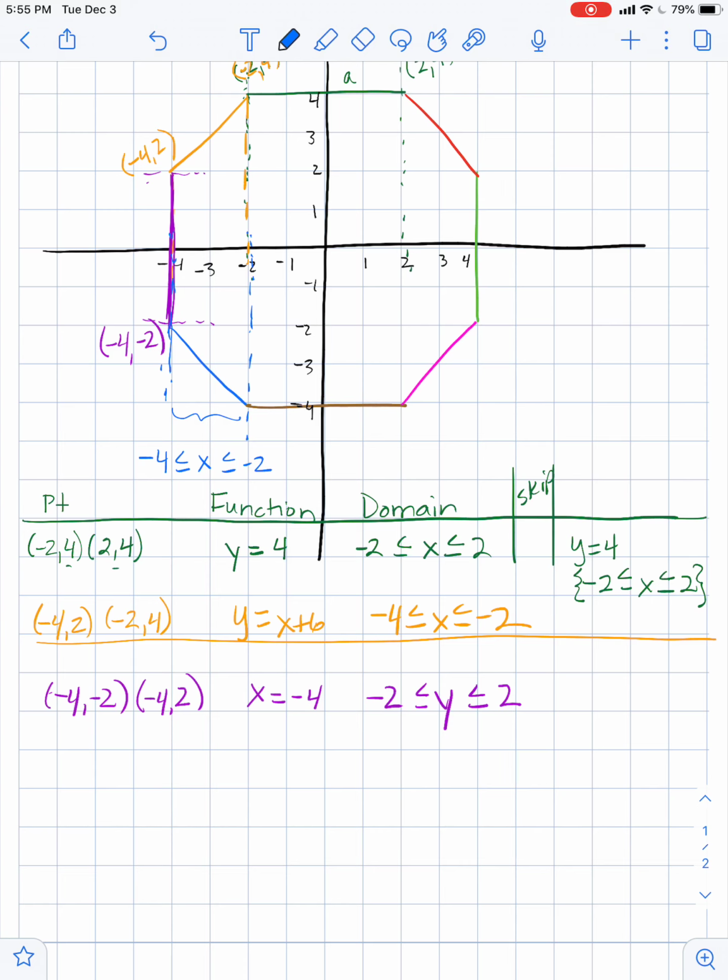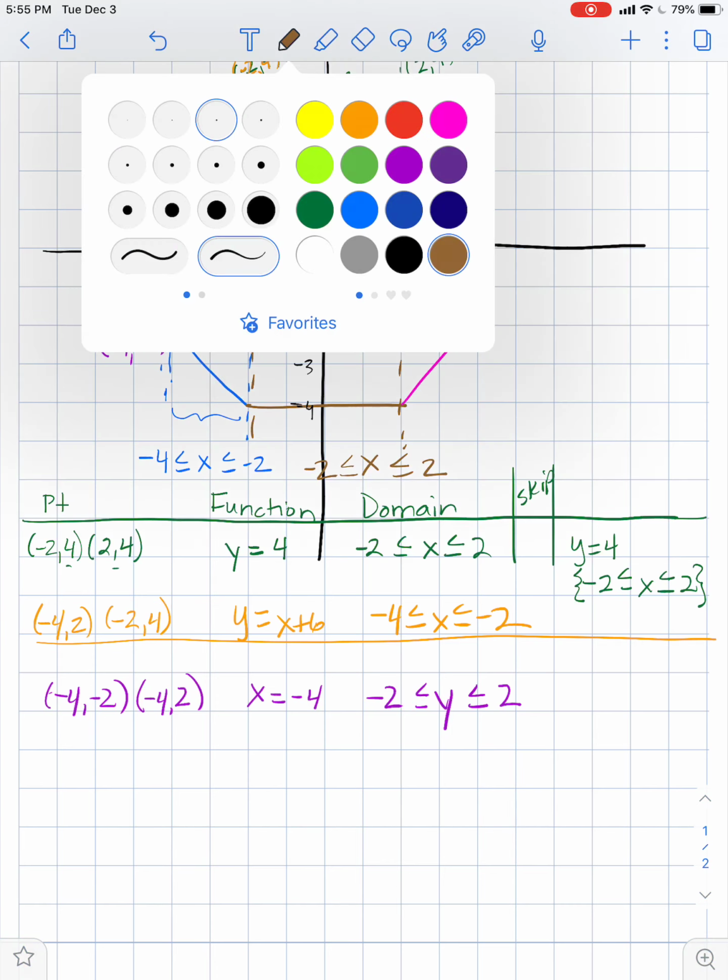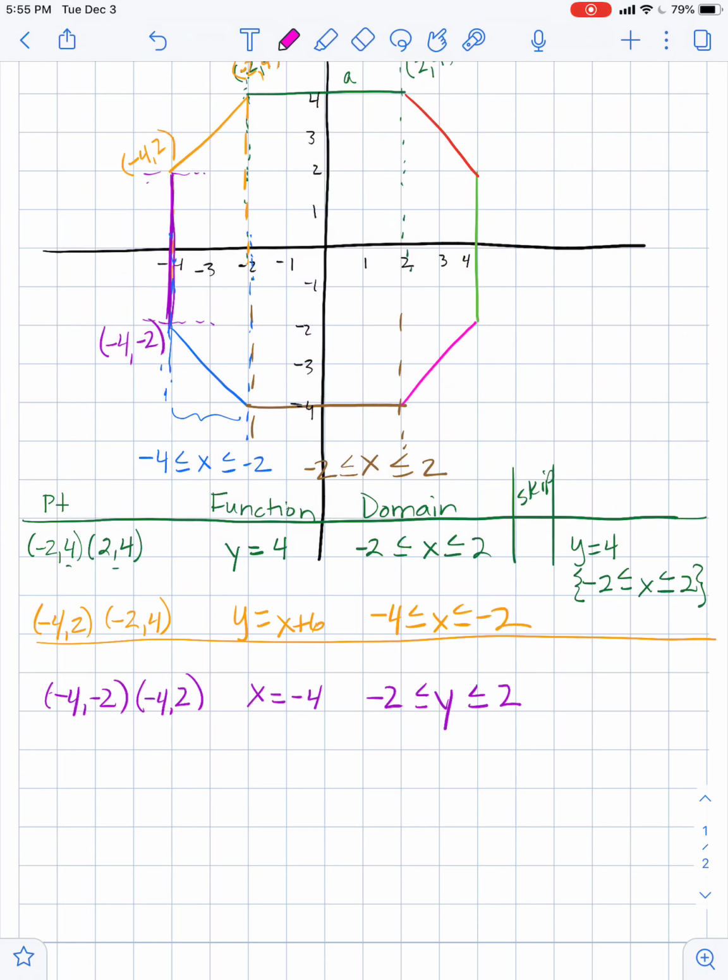When I go to the brown, it goes from here to there, so from a -2 to a +2 would be your domain restriction. My pink would be over here, so that is from 2 to 4.